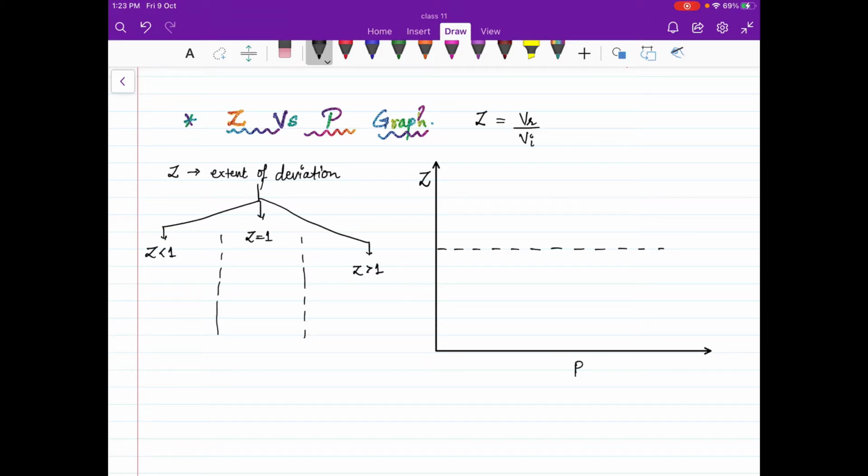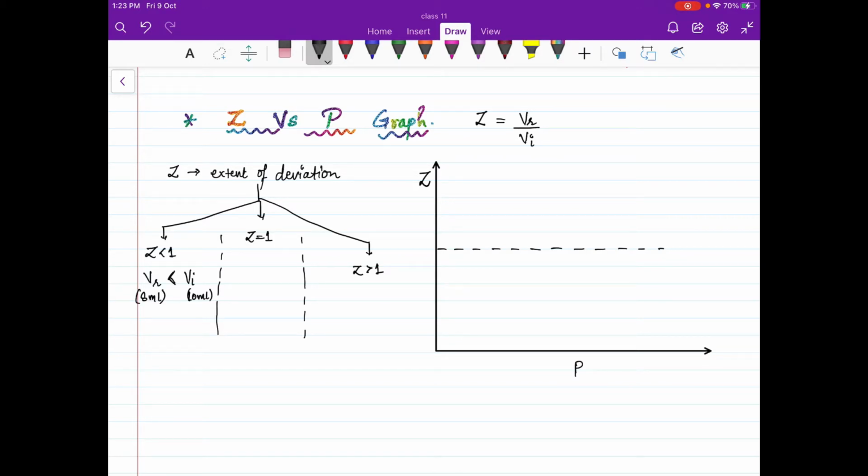If Z is lesser than 1, I would say V real is lesser than V ideal. That means whatever volume you are expecting from the ideal gas equation, the real volume will be lesser. For example, if you are expecting 10 ml from the ideal gas equation, but you are actually getting 8 ml, then V real is lesser than V ideal.